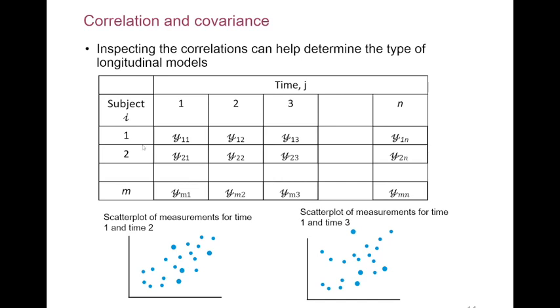And so what makes longitudinal data different from cross-sectional data is that longitudinal data have correlation. Why is that? Because the observations are no longer independent. Observations measured from the same subject tend to be correlated. An example is blood pressure.